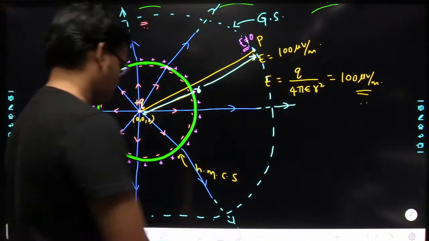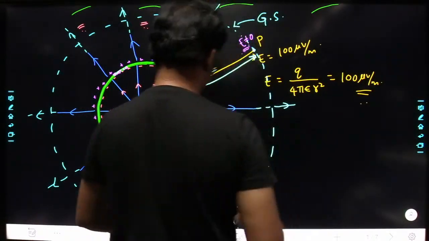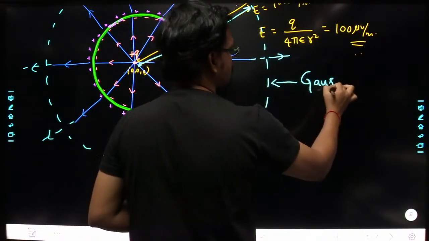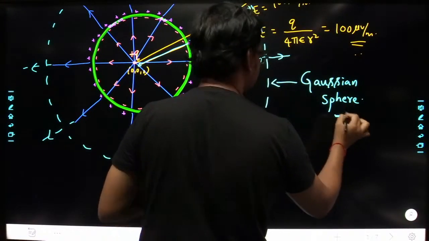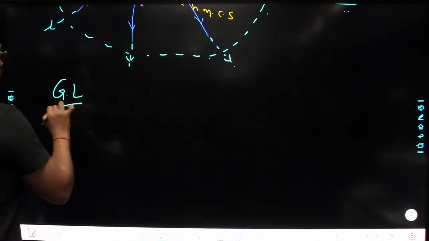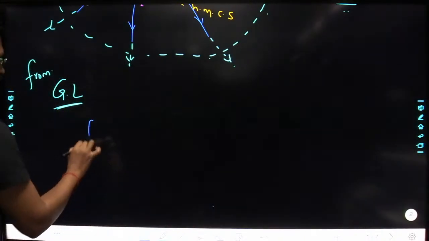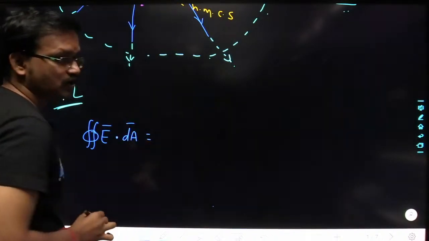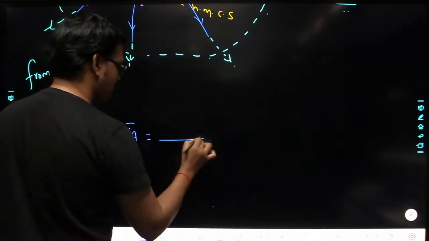Now just apply Gauss law here. From Gauss law, we know that the electric flux leaving any closed surface must be equal to the charge enclosed by that closed surface divided by epsilon.